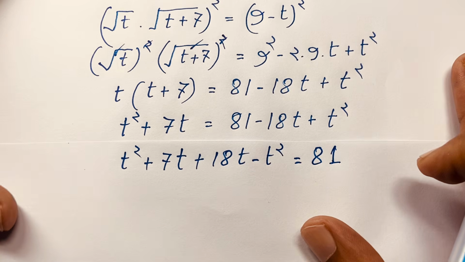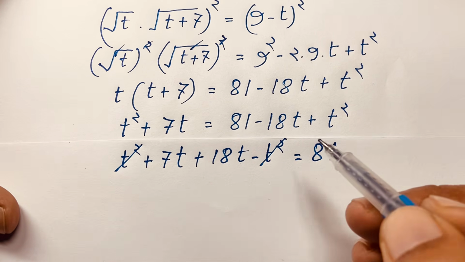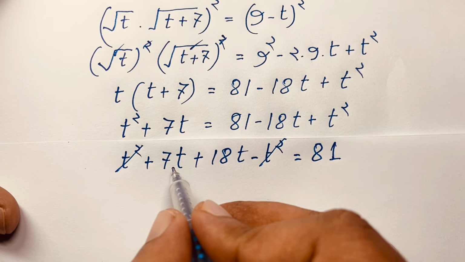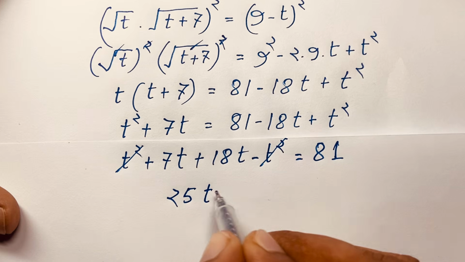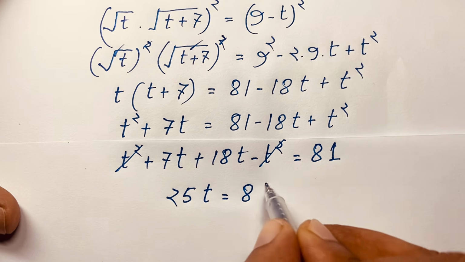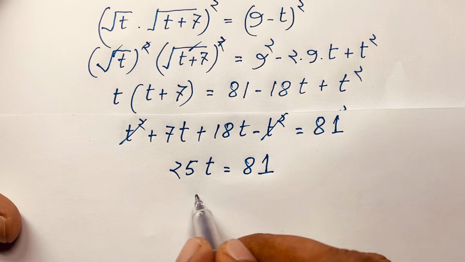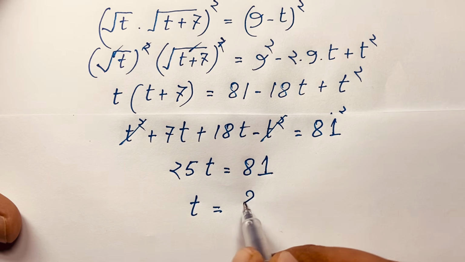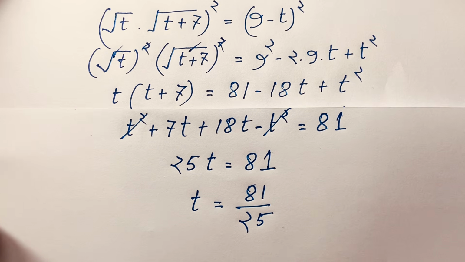Now at this moment this t square is cancelled. We'll find out 7t plus 18t, this is 25t, is equal to 81. Then you can see that here t is equal to 81 divided by 25. I divide both sides by 25.